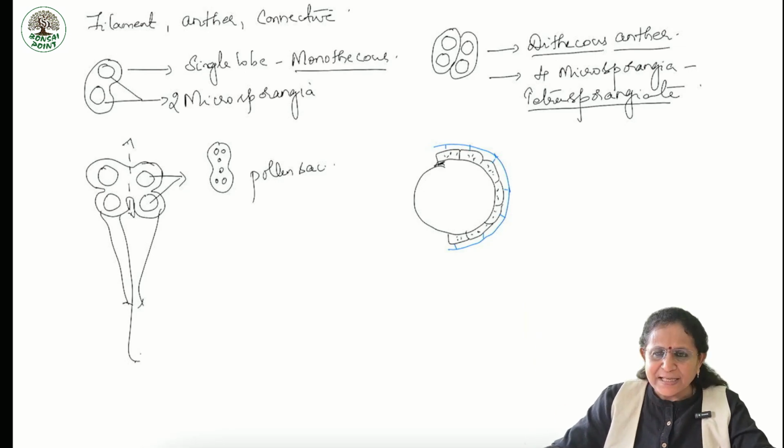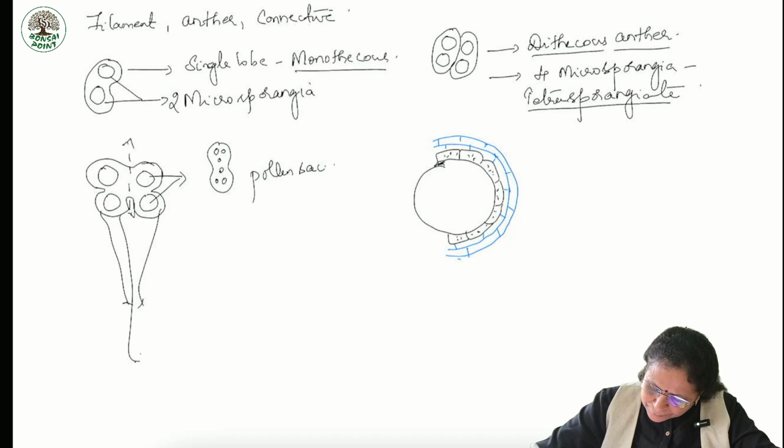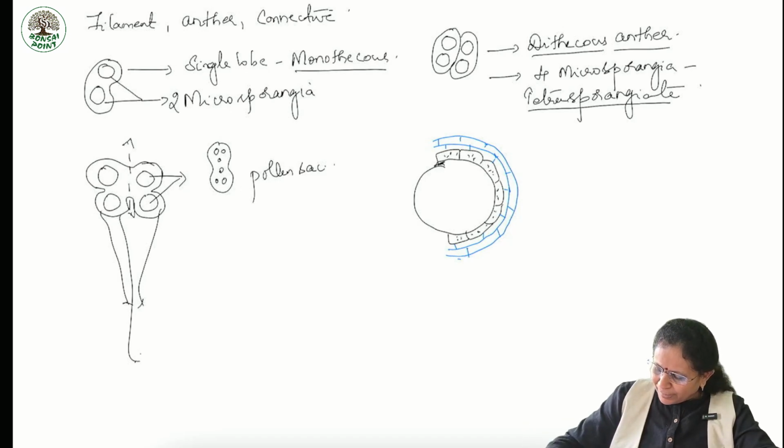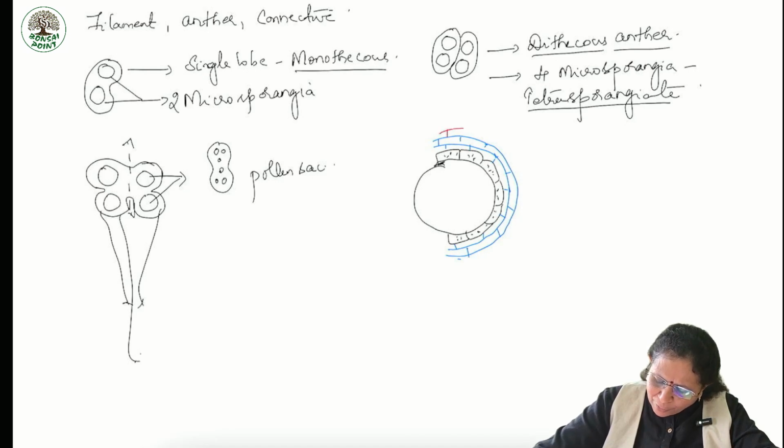Yes, this is one layer. I told you 2 to 3 layers. Let us show 2 layers. Now, followed by this, we see one layer of cells, a single layer of cells.